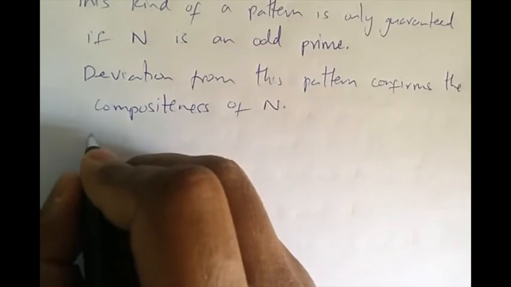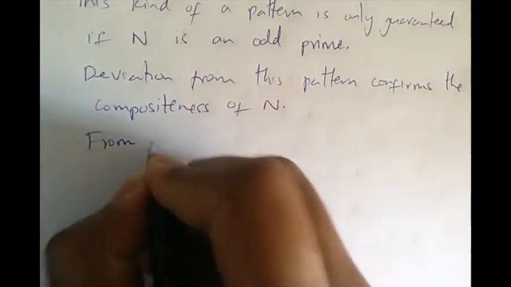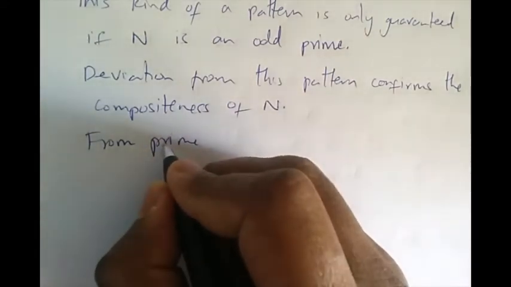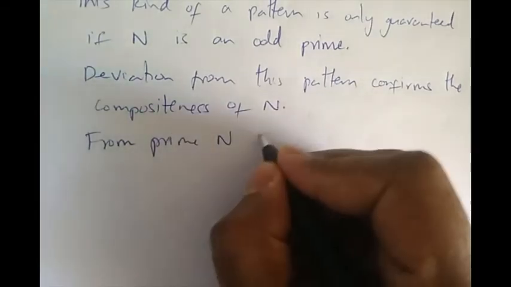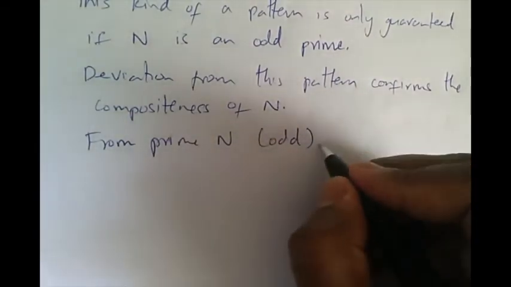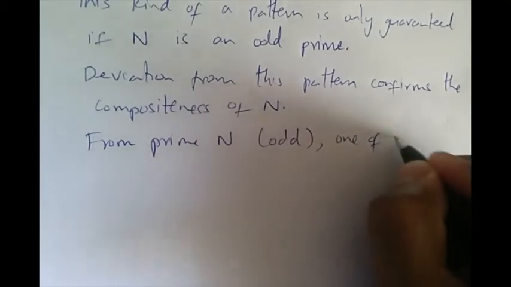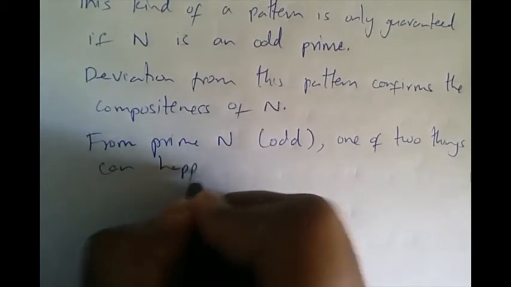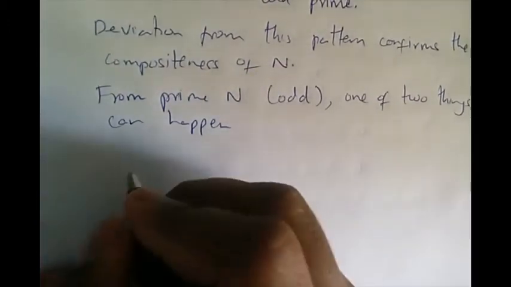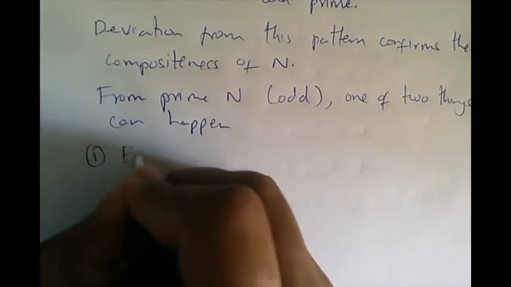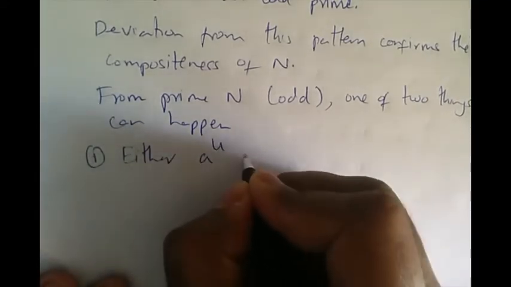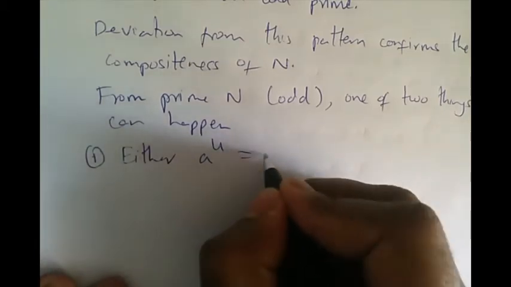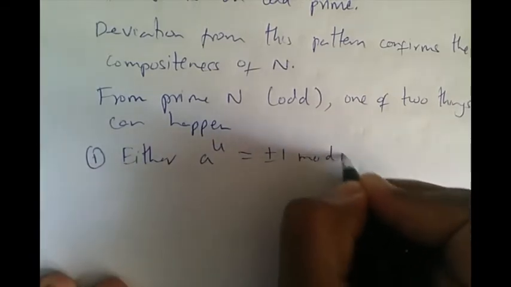So for prime n, what are the two things? Either a to the u, where n minus 1 is 2 raised to r times u and u is odd, is equal to plus or minus 1 mod n.